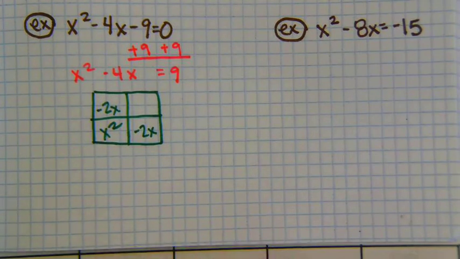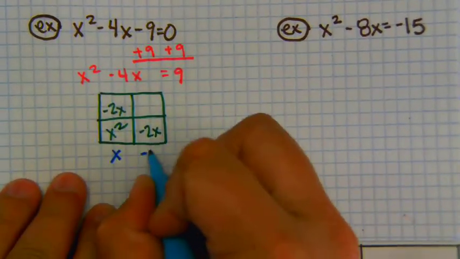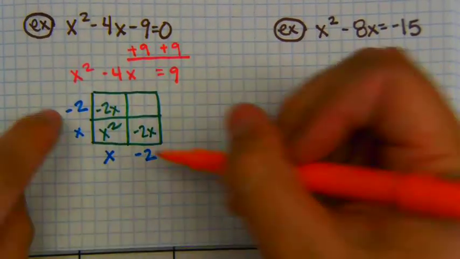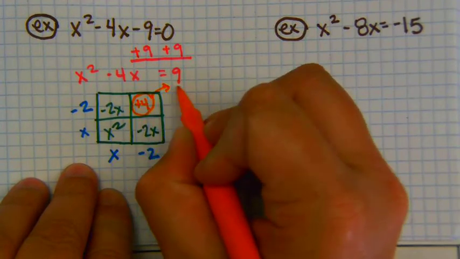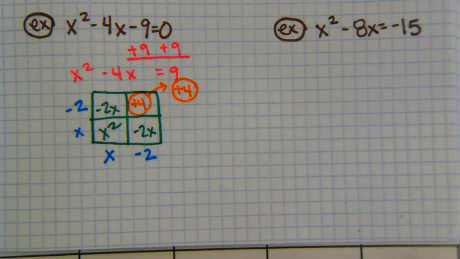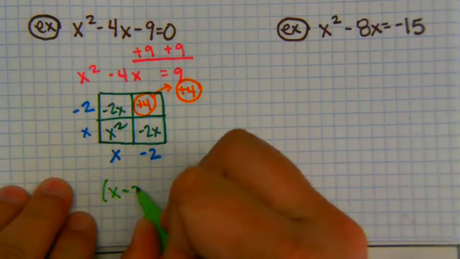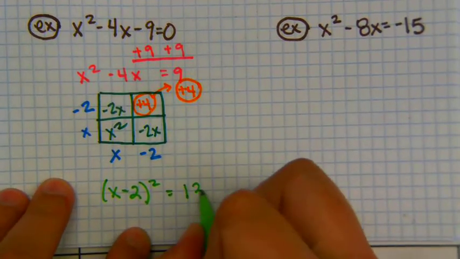So the difference between this one and the last one is now we have negatives. That just makes this a negative 2 and a negative 2. But when we multiply those together, we get a plus 4 that we're going to add to this side. So when I rewrite this, I'm going to get x minus 2 squared equals 9 plus 4 is 13.